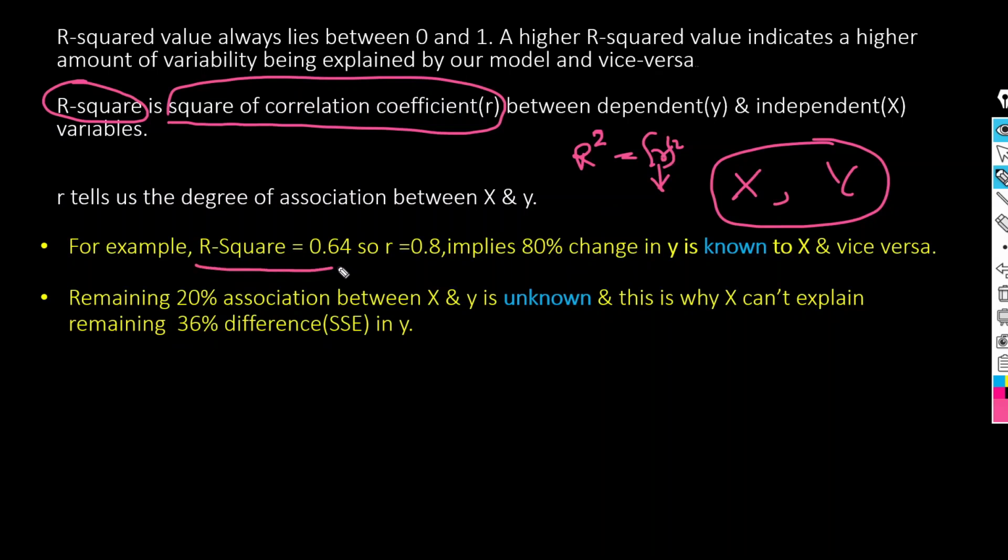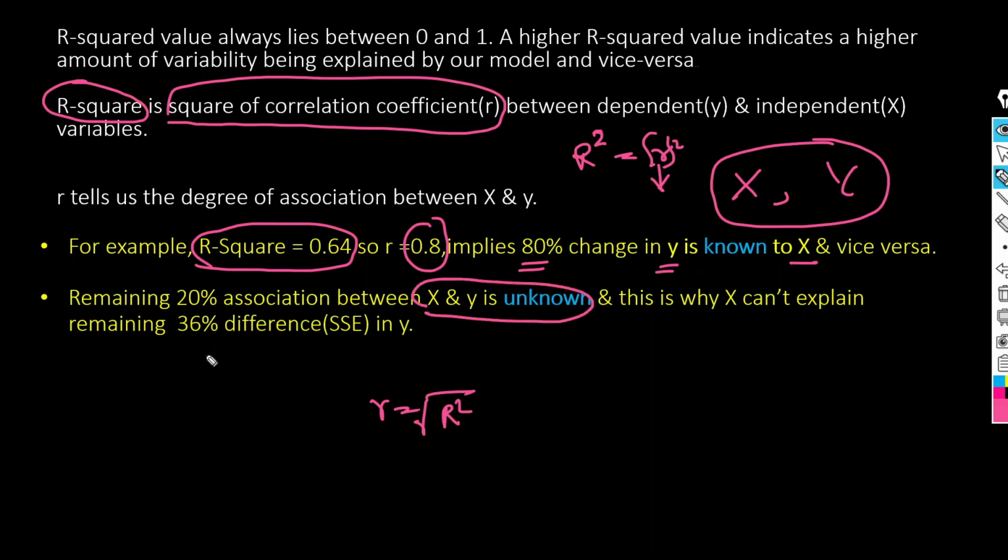Let the R squared value be 0.64. So what would be the R? R would be the root of R squared, so we get 0.8. So it implies that 80% change in y is known to x, or 80% change in x is known to y, which we get by taking the square root of R squared. If 80% is known, then 20% will be unknown to each other.